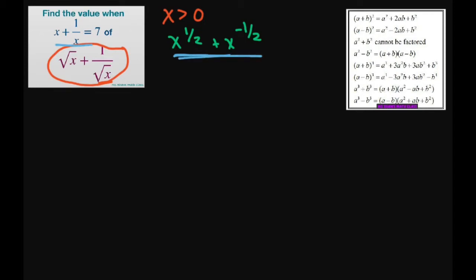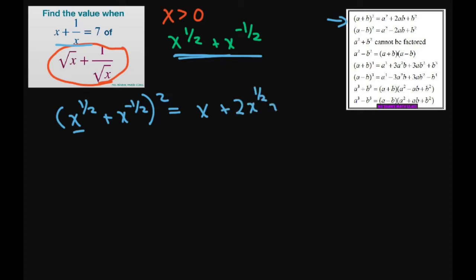So if I square x to the power of 1/2 plus x to the power of negative 1/2, I'm going to use this formula here, and that's going to give me x when you square this part, plus 2 times x to the power of 1/2 times x to the power of negative 1/2, and then plus, when you square this, you're going to get x to the power of negative 1.